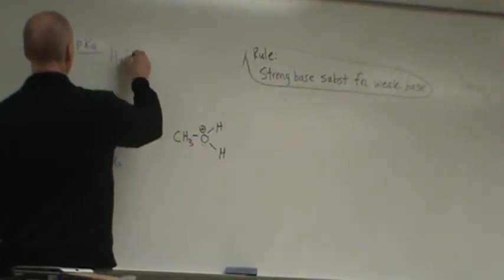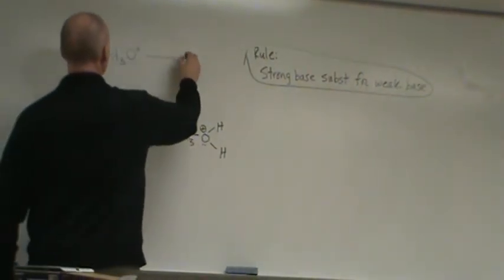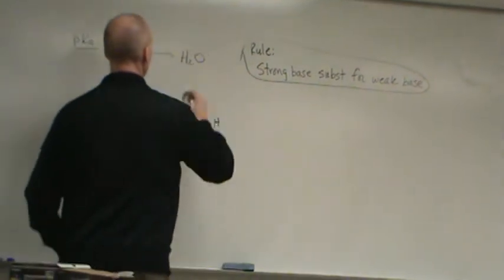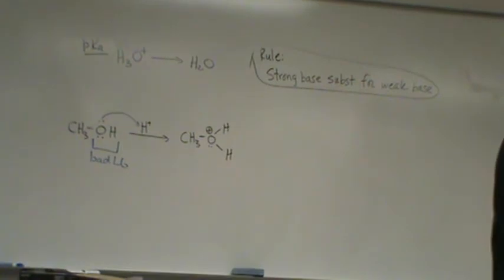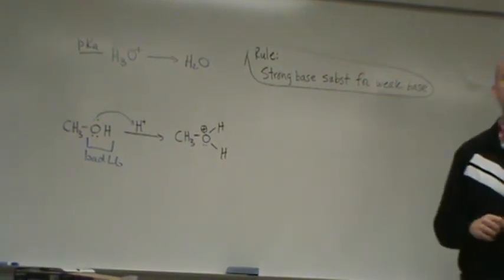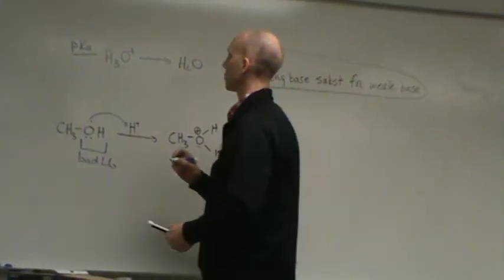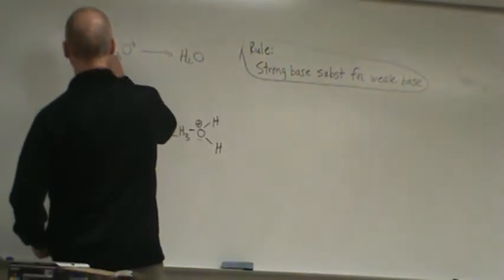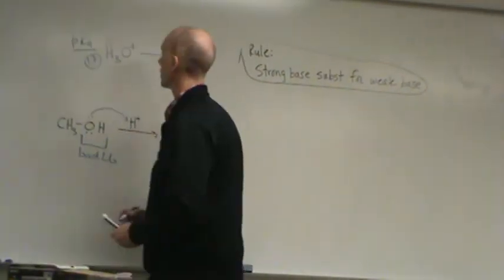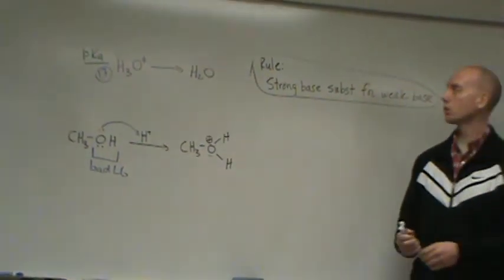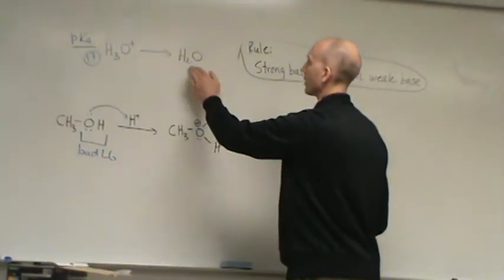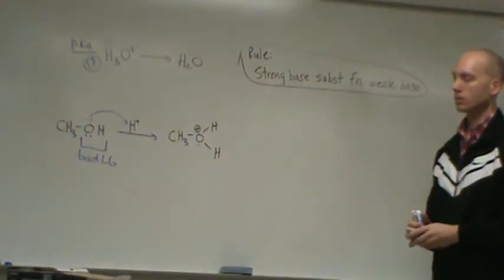So to see if water is a strong or weak base, I need to look at the pKa of H3O+. And that turns out to be about 1.7. So 1.7 is pretty small, isn't it? So water is a weak base.